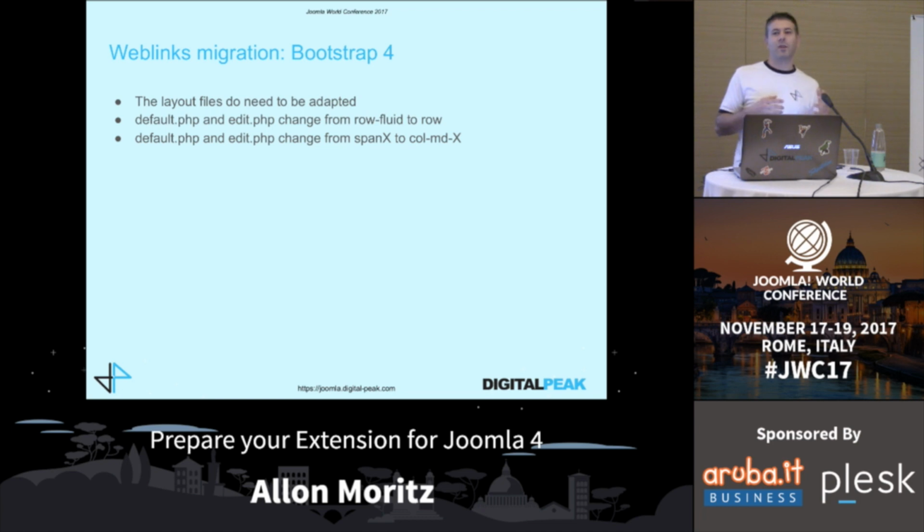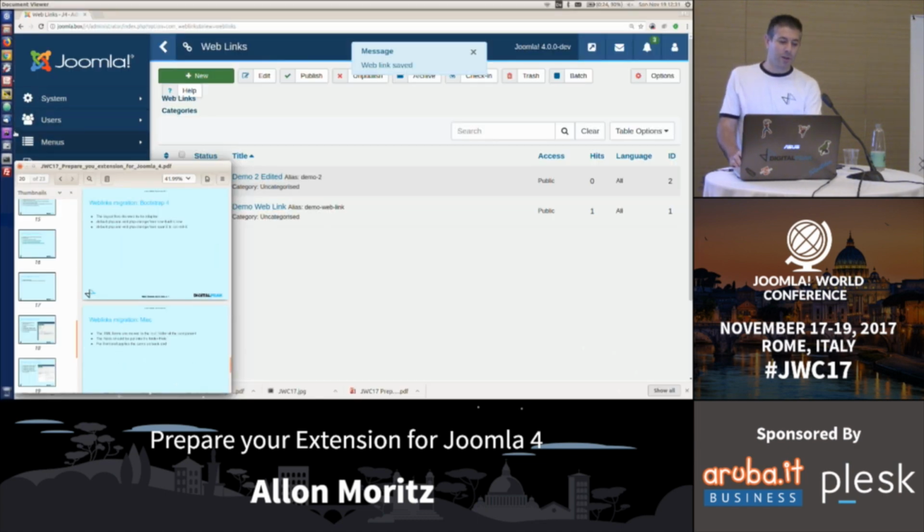If you're using more in-depth Bootstrap 2 commands in your CSS classes, you probably have to do some magic to load one layout file on Joomla 3 and another on Joomla 4. So we're going to do that as well.